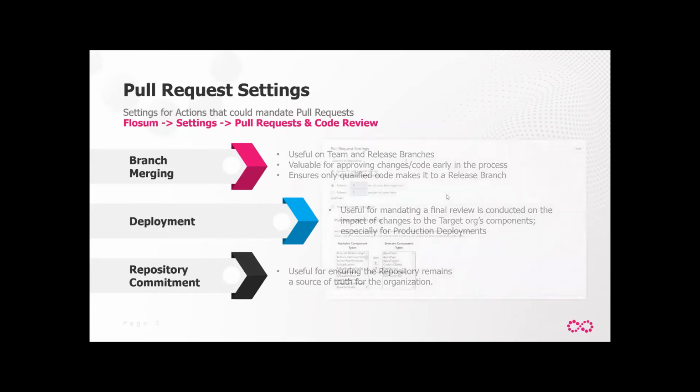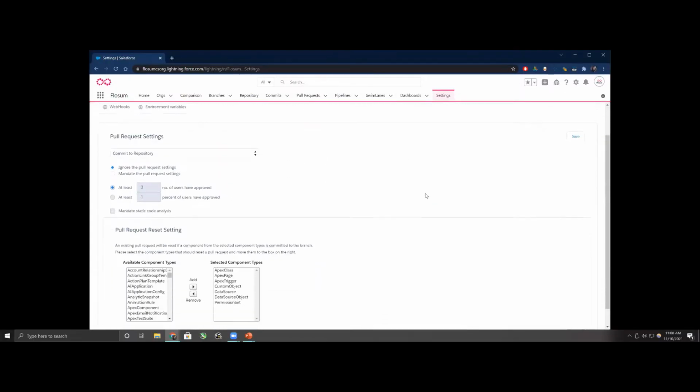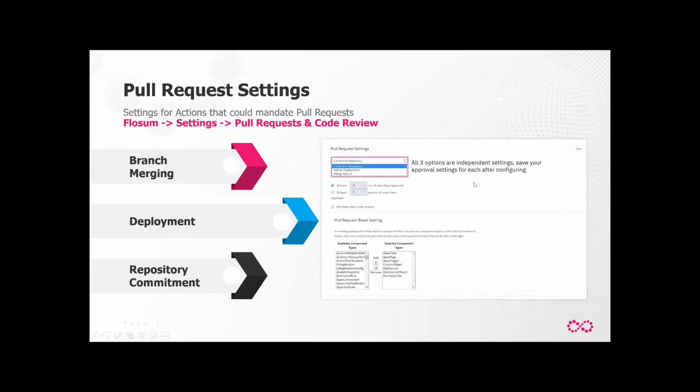So I want to show you guys how to actually make adjustments to mandate pull requests for these actions. And to start off, this drop-down menu for the commit to repository, I'll toggle over back to Flosum for this as well. You see all three options. So you have branch merge, deployment, and repository. They're all three independent settings that you can save.